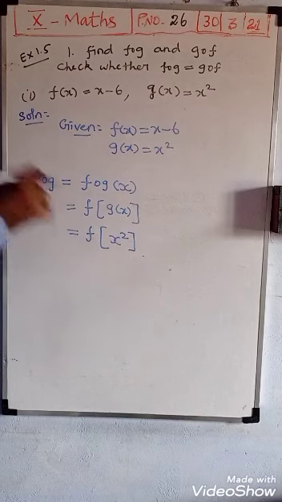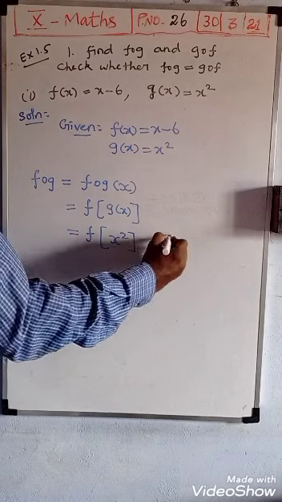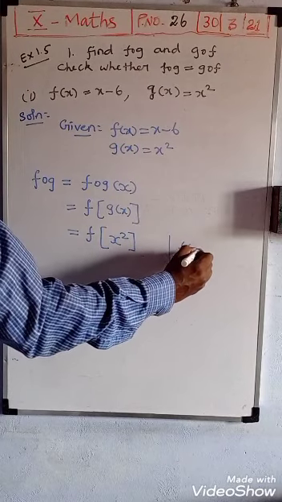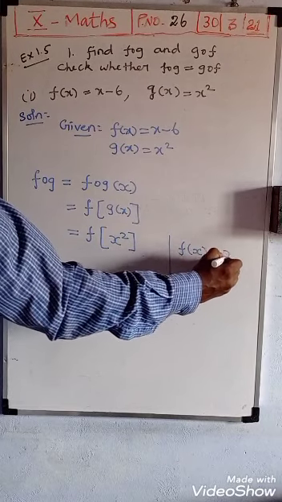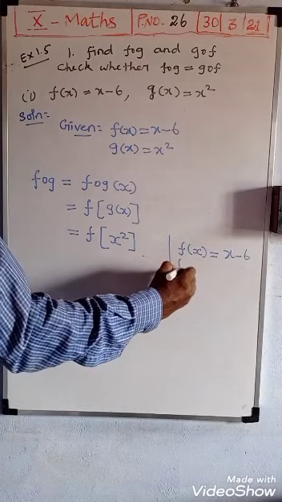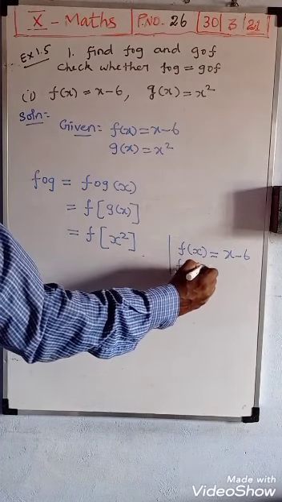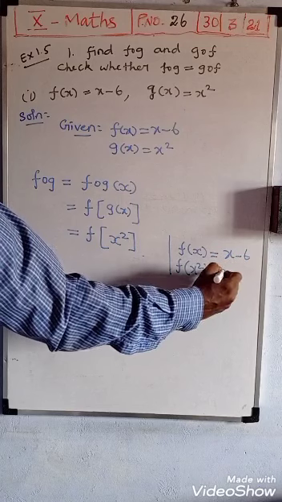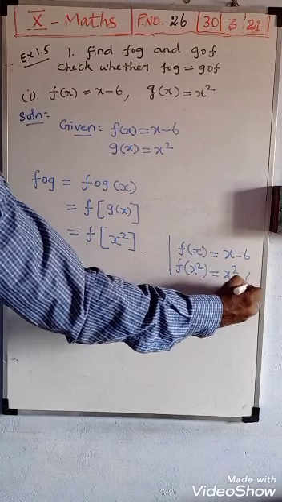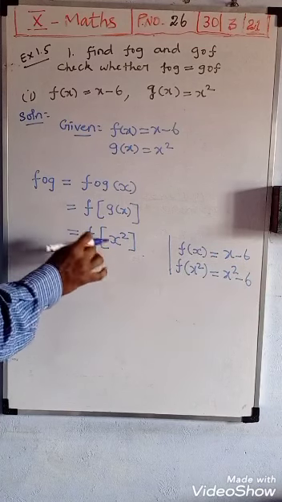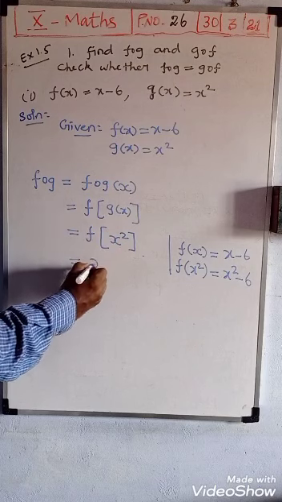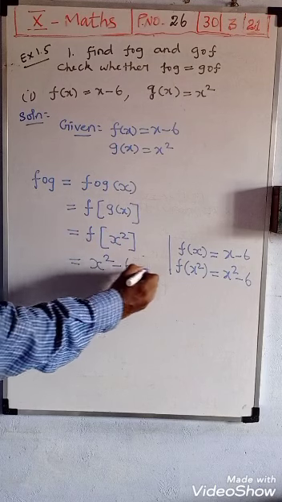Now f of x square value we need. Already we know what f of x is. The function f of x is x minus 6. We need f of x squared, which means instead of x you substitute x squared. So x squared minus 6. Then f of x squared value is x squared minus 6.